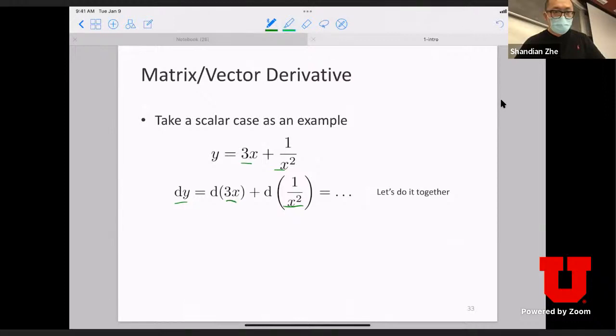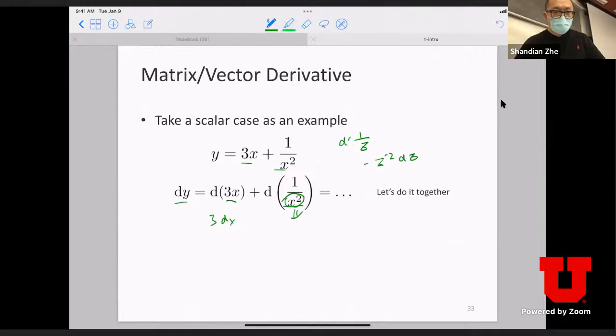And d(3x) is really simple, it is 3 dx. For the other term, you can view x squared as a whole, so we take the derivative of the function 1 over z, which gives you minus z to the minus 2 dz.